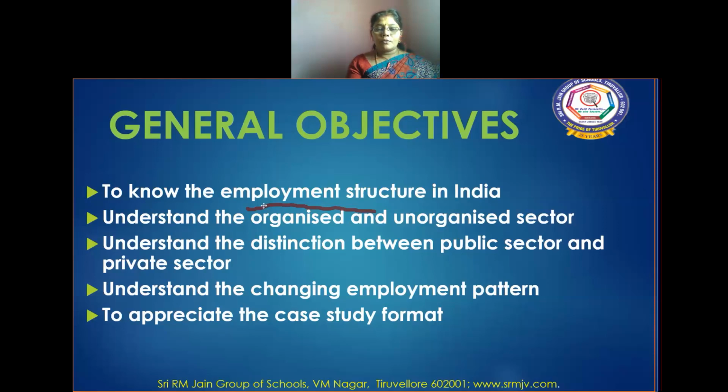We are going to understand about the organized and unorganized sector. We are going to know the difference between the public sector and private sector and changing employment pattern. All these things we are going to discuss in this lesson.